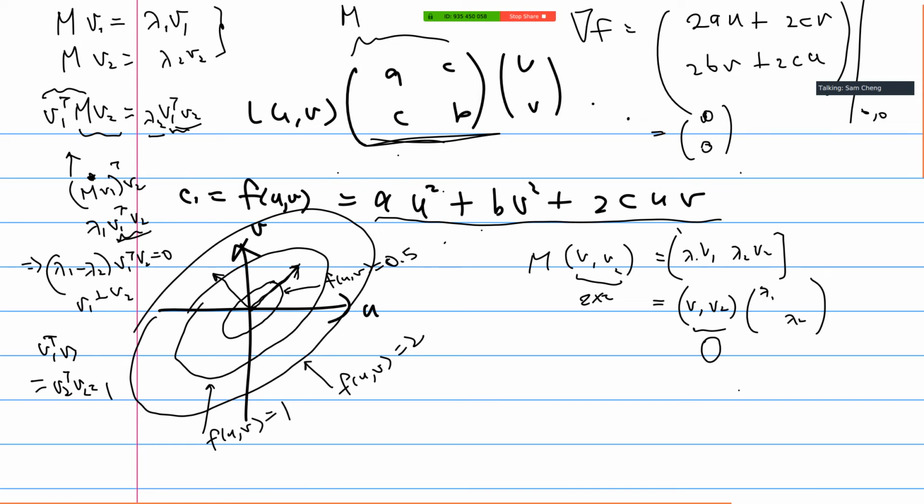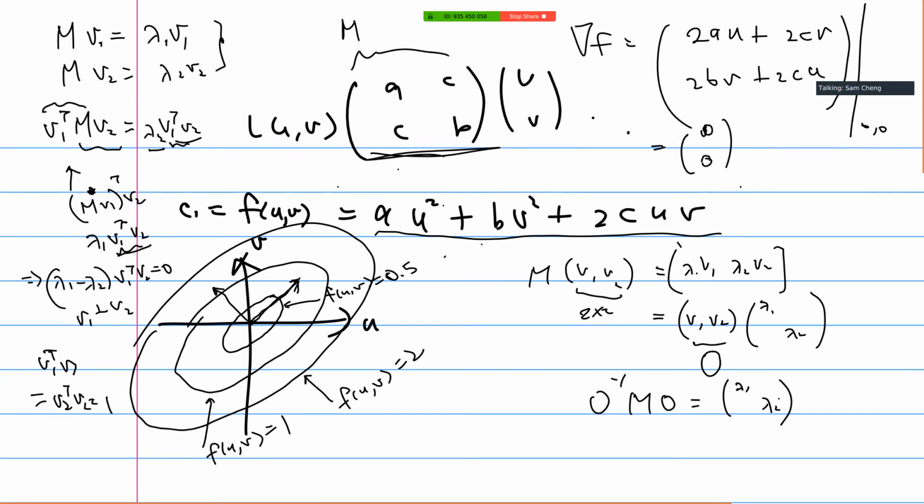Then I basically have M times O equal to O times the diagonal of lambda 1 lambda 2.